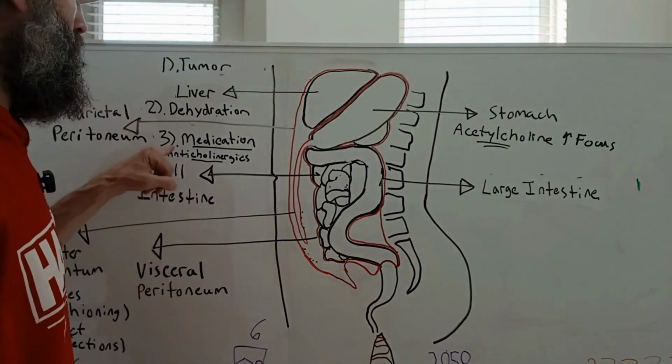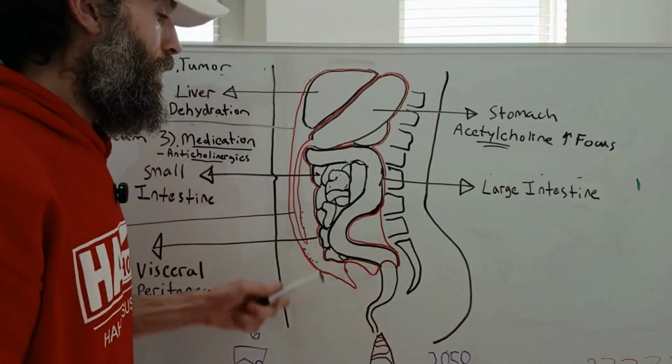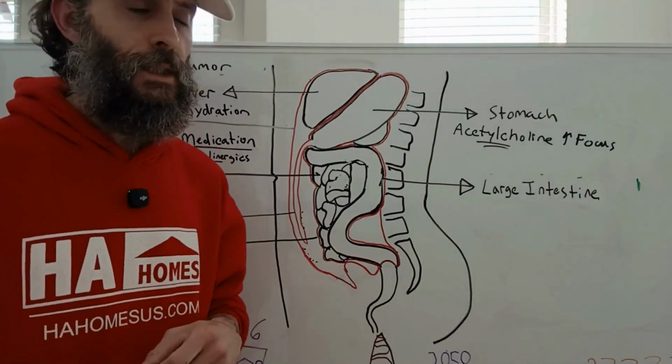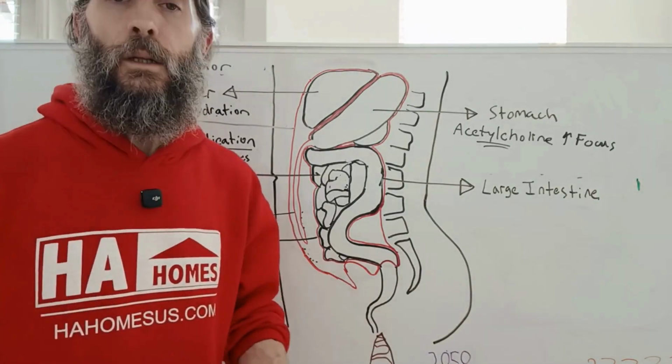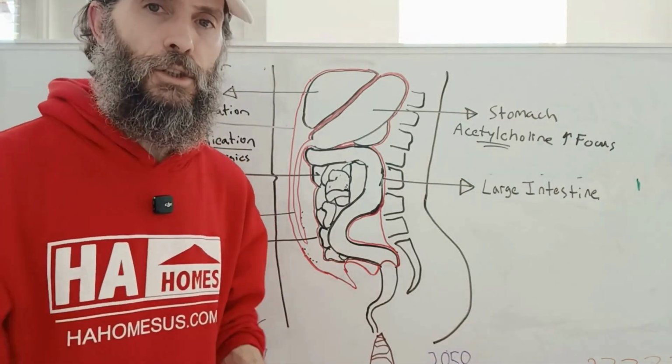As I mentioned, anticholinergics can be used for bladder issues, for example, because there's a muscle surrounding the bladder called the detrusor muscle. I believe that's how it's pronounced. So when we go to urinate, men and women, that muscle contracts and it squeezes the bladder and pushes the urine out.